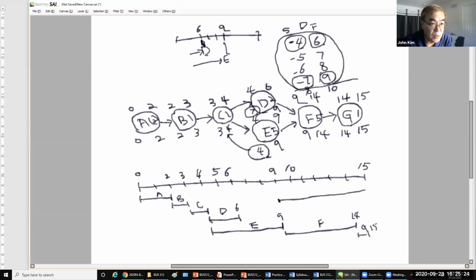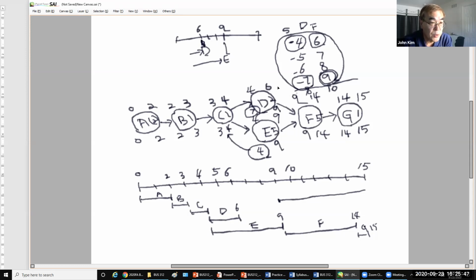Latest start, latest finish. Here, activity D's early start time is 4, early finish time is 6, and the late start time is 7, late finish time is 9.